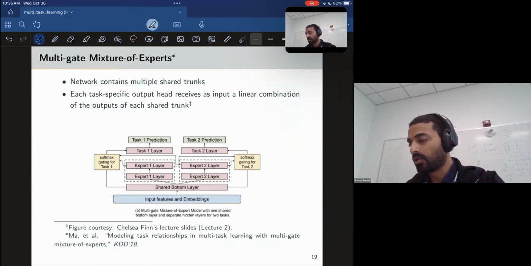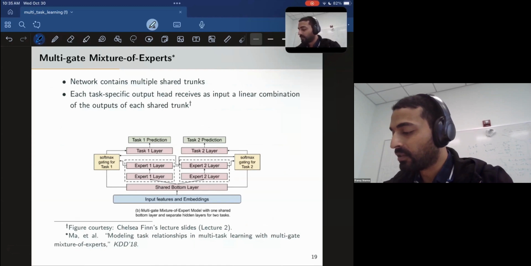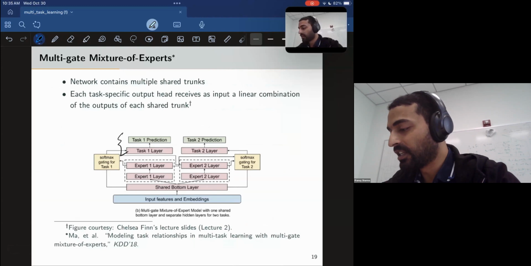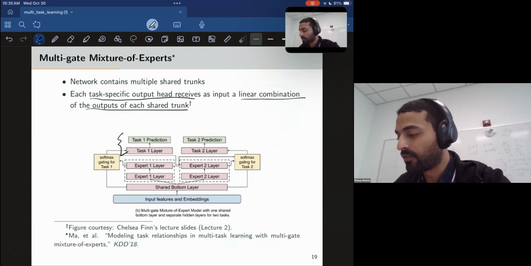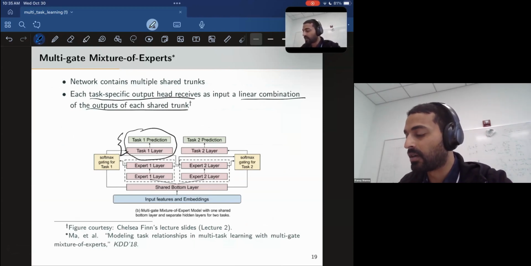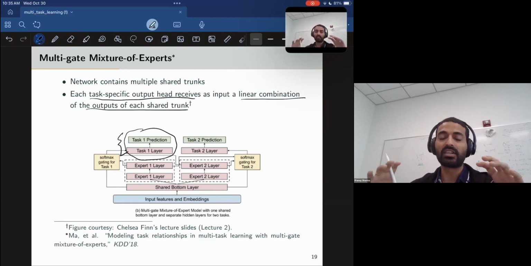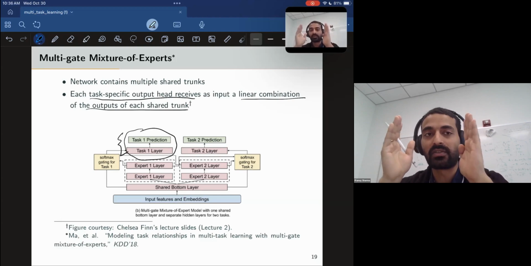So it turns out now that when these task specific layers are getting the input from the previous layers, each task specific output head receives a linear combination of outputs of the shared trunks. So for each task, you compute a separate linear combination of the shared trunks, right? In the previous case, you had a shared trunk, and it was going as input into the task specific parameters.